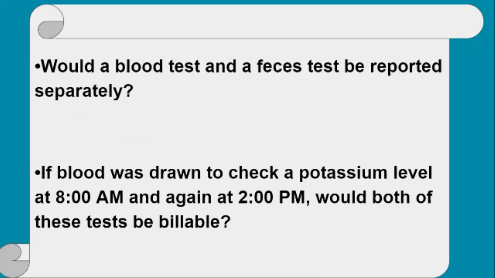Yes, because they are different specimens. Second question: if blood was drawn to check a potassium level at 8 a.m. and again at 2 p.m., would both tests be billable? Yes, they would be, because even though it is the same test performed twice, they were performed at different times of the day.